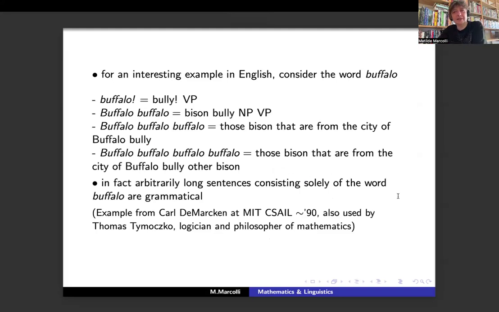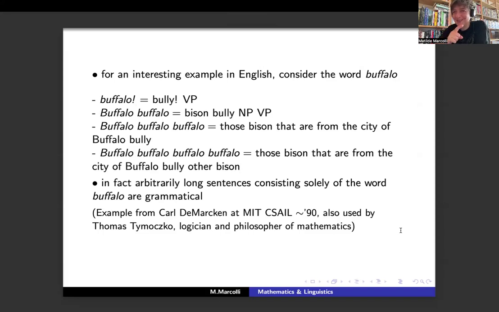But here's an example that shows that there's something you can do with a language like English as well. It's not something that depends on the particular features of Mandarin. The interesting example here is that you can form an arbitrarily long sentence in English consisting solely of the word buffalo.